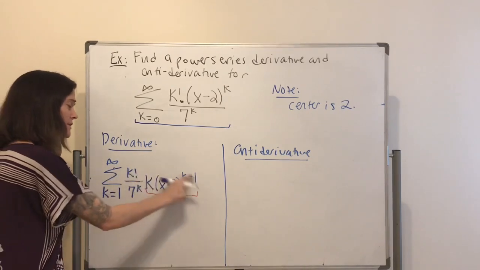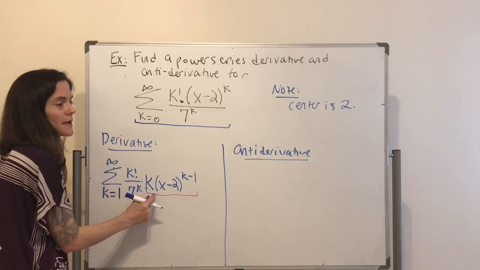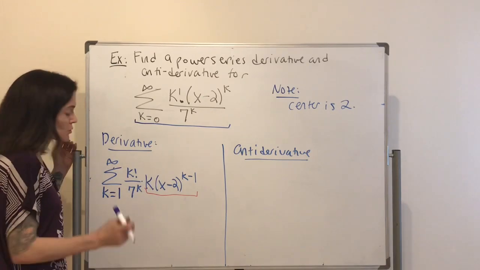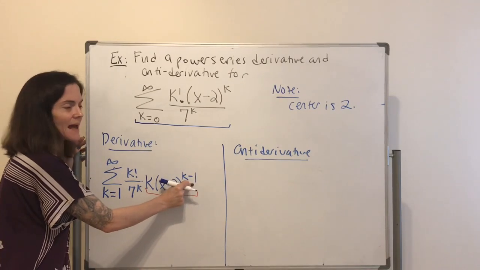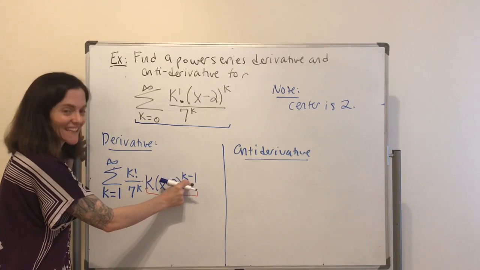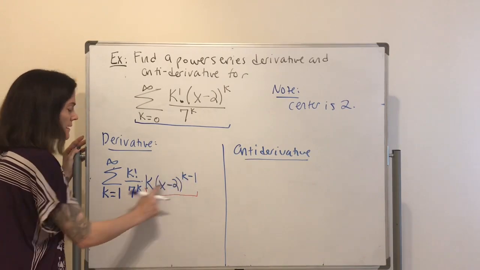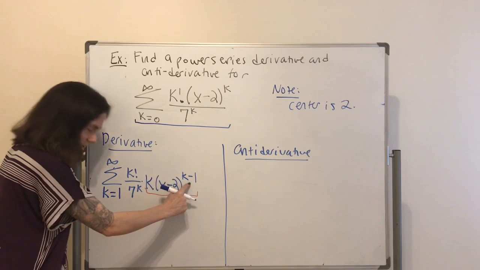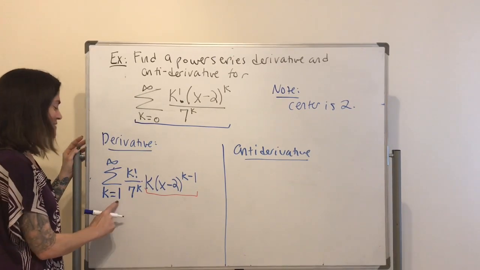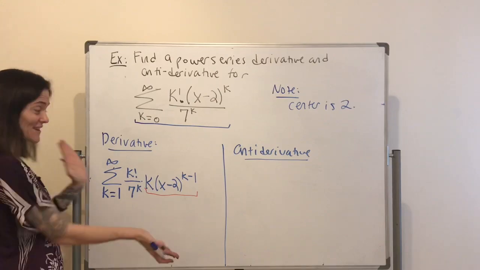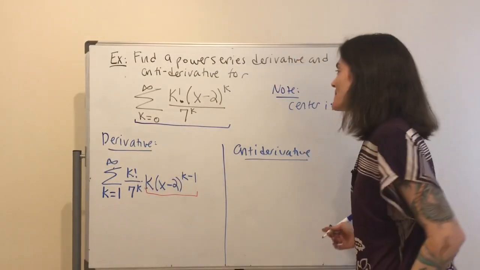Of course, if evaluated at 0, this factor would make the term 0, so you don't even need that term anyway, but you don't want to write k equals 0 because you do not want a negative power in it. So when you take the derivative, just check. If evaluating at 0 gives you a negative power, shift it up by 1 as I did. So start at k equals 1. Okay, here's the derivative.